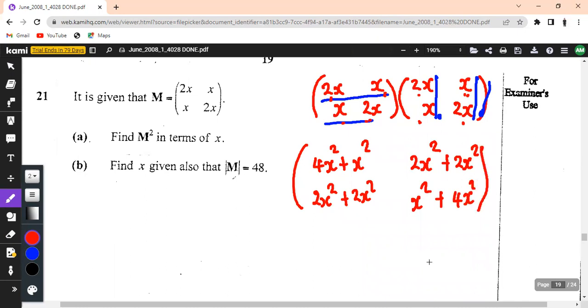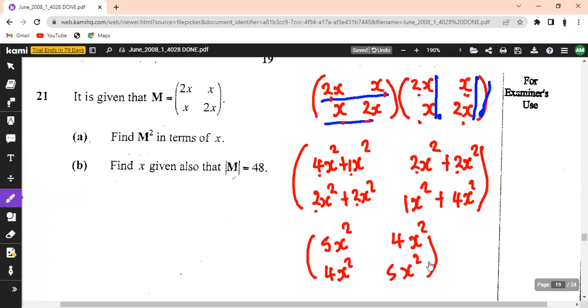All right, so let's add. 4x squared plus x squared gives us 5x squared, 2 plus 2 is 4x squared, and we add 2 plus 2, which is 4x squared. And 1 plus 4 is 5, so it's going to give us 5x squared. All right, so that is what you're going to have in this case.